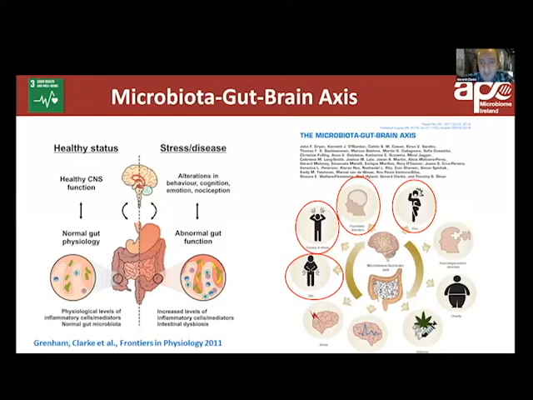And this is relevant, of course, in neurogastroenterology, particularly in relation to disorders of the gut-brain axis like irritable bowel syndrome, where you have a constellation of these symptoms, including pain, a stress-related disorder, and also a lot of psychiatric comorbidity.